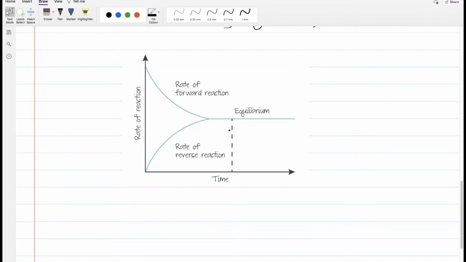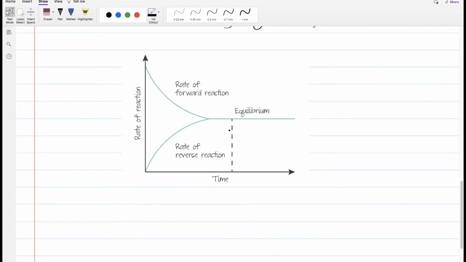And when that happens, we say that the reaction has achieved equilibrium. इसका मतलब ये नहीं है कि उसके अंदर इक्वल अमाउंट्स हैं. That's exactly not what it means. मैं ये नहीं कह रहा कि उसमें जितनी नाइट्रोजन है उतनी अमोनिया है. That's not what I'm saying. What I'm saying is that the speed at which ammonia is created is the same speed at which nitrogen is created in this example. Okay, so that is basically equilibrium.